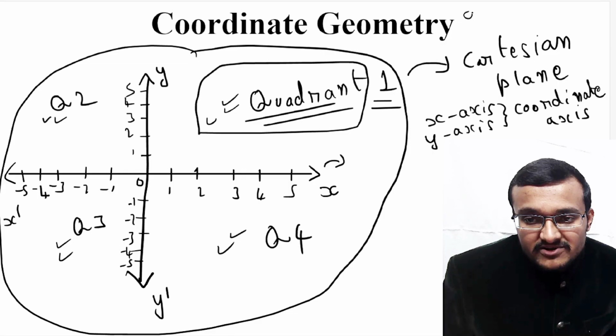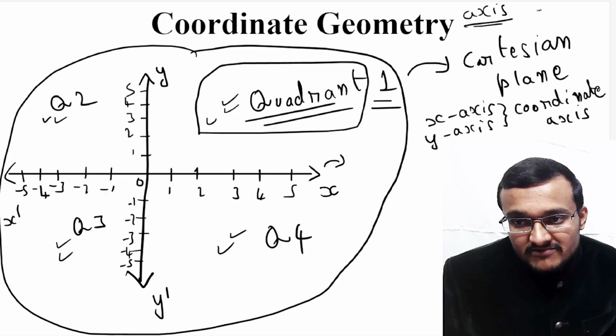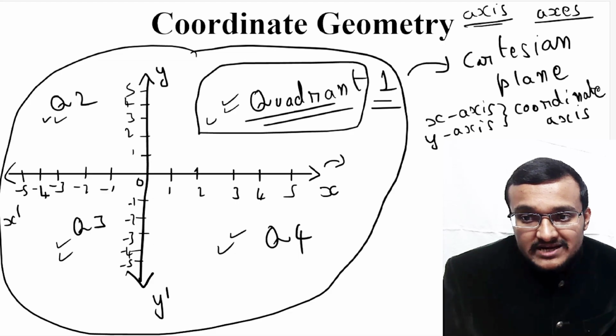Always remember, whenever we are taking one single axis, you have to write axis, which is the singular form. Whenever you are considering two axes, it is written axes, so in the place of i, you should use e.